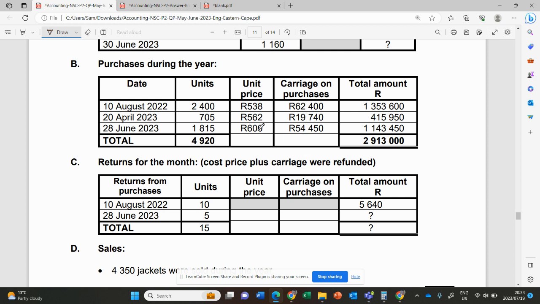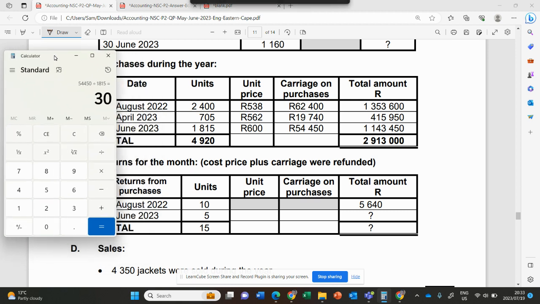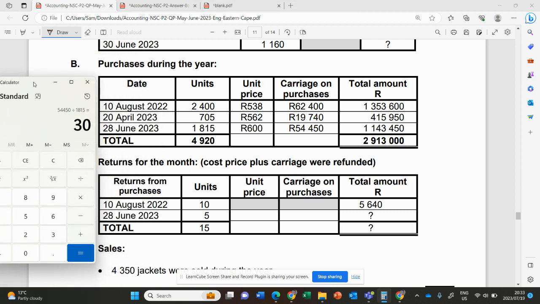What is the carriage per unit? To get it, we say 54,450 divided by the units that we purchased in June, which is 1,815. That will be 30 rand, the carriage per unit. Now we take the 30 rand and add it to the cost price, which will be 630.